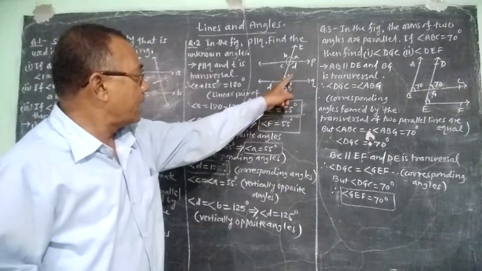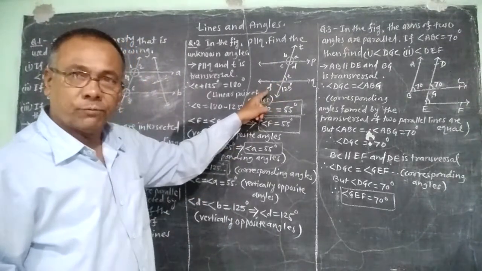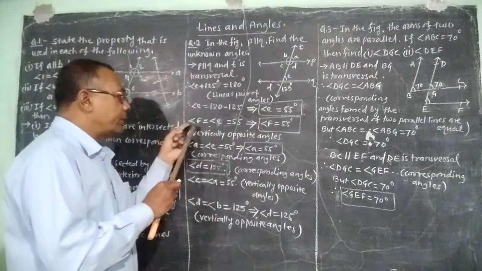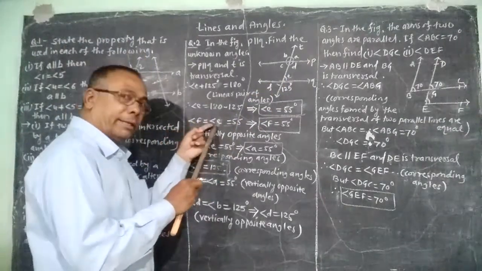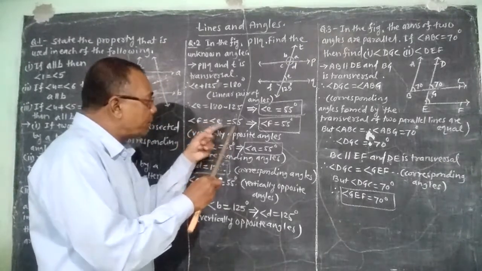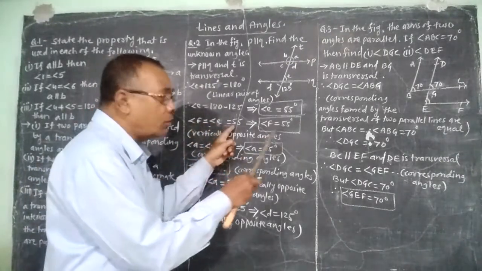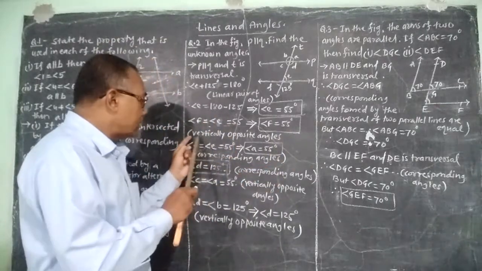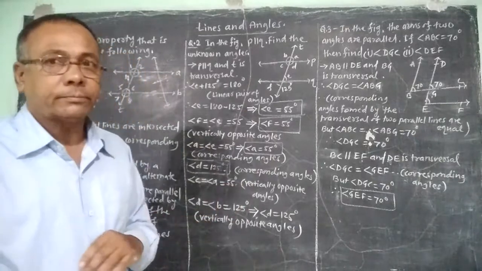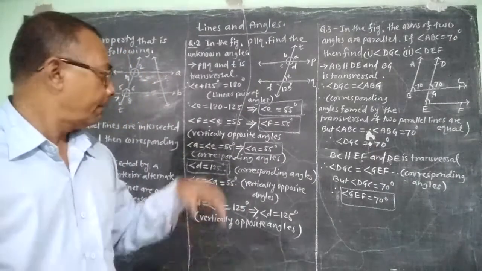Therefore angle E is equal to angle F, or angle F is equal to angle E. Here angle E is equal to 55, so if angle E is 55, then angle F is also 55. Here the reason is given: vertically opposite angles.